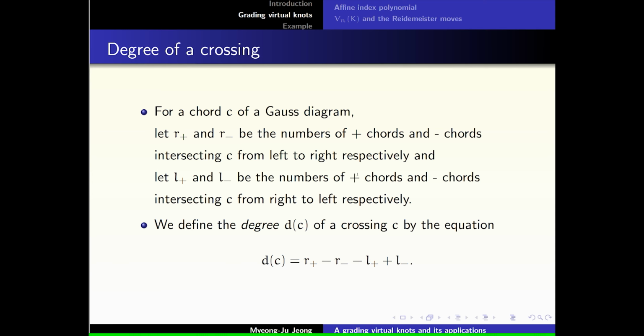Now, we define the degree of crossing. We identify a chord and crossing, and if we have a chord C of a Gauss diagram, then we count the number of positive chords and negative chords intersecting C. If we consider the positive chords and negative chords intersecting C from left to right, then we denote them R sub plus and R sub minus respectively. Similarly, we also define the left-going counts, R sub plus and R sub minus, where R plus means the number of positive chords intersecting C from right to left.